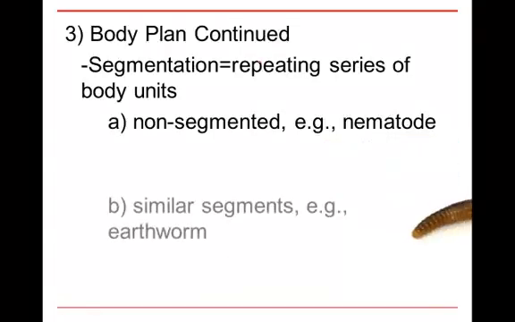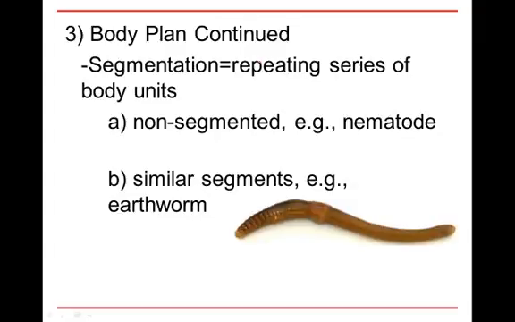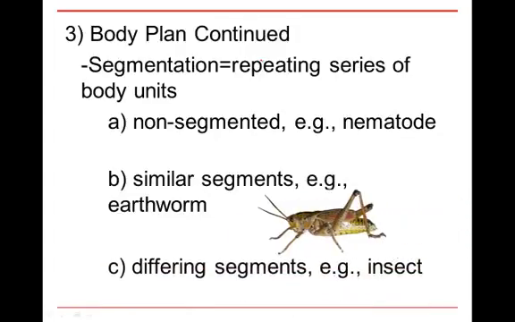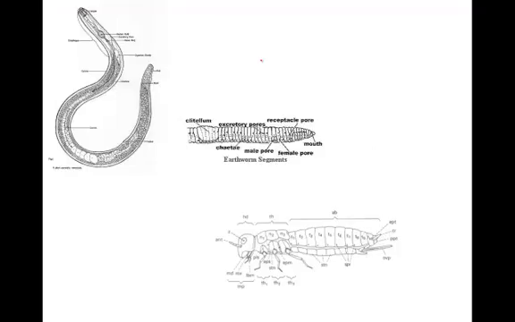We can have an animal that is segmented, and its segments are all similar. This would be an earthworm. And a third possibility is to have differing segments, like the segments that make up an insect. And if we look at this, this shows line drawings of all three. Here in the upper left, a nematode; in the center, a portion of an earthworm; and in the lower right, a primitive insect.